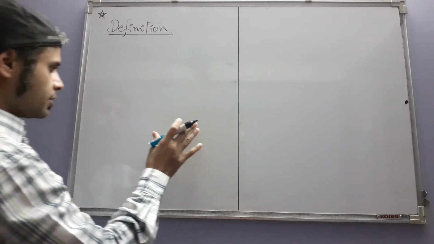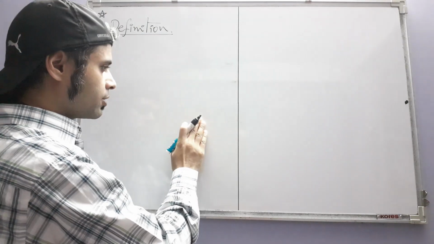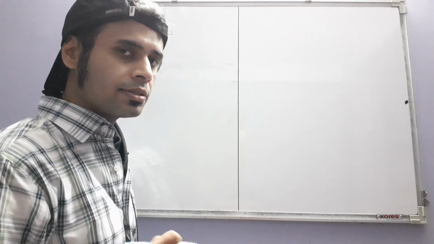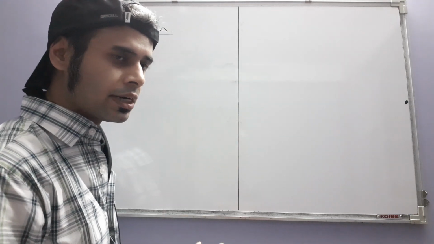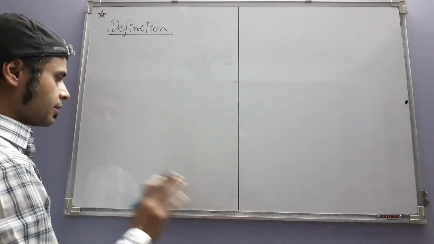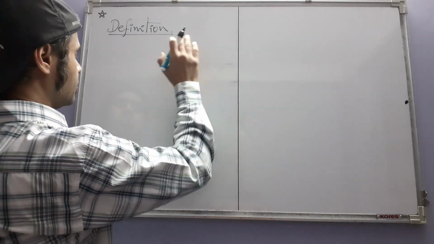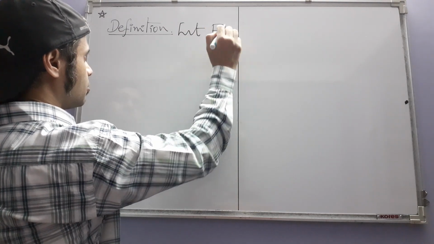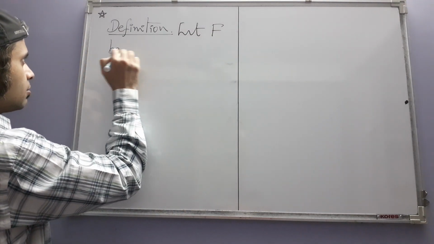In this definition, however, the fields we are going to consider do not necessarily have characteristic 0, but it's generally for any field. But the results that we will consider will have characteristic 0 fields. Let F be a field.